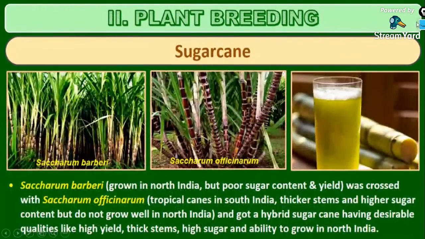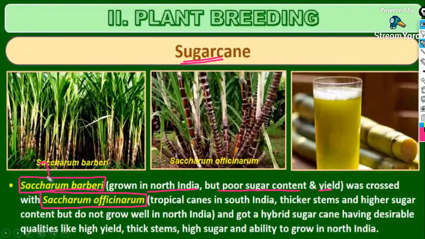Again, important question, sugarcane. You can study that Saccharum barberi, which is grown in North India. It has poor sugar content and yield, and it was crossed with Saccharum officinarum. So Saccharum barberi, the type of sugarcane grown in North India, does not have a good yield of sugar.